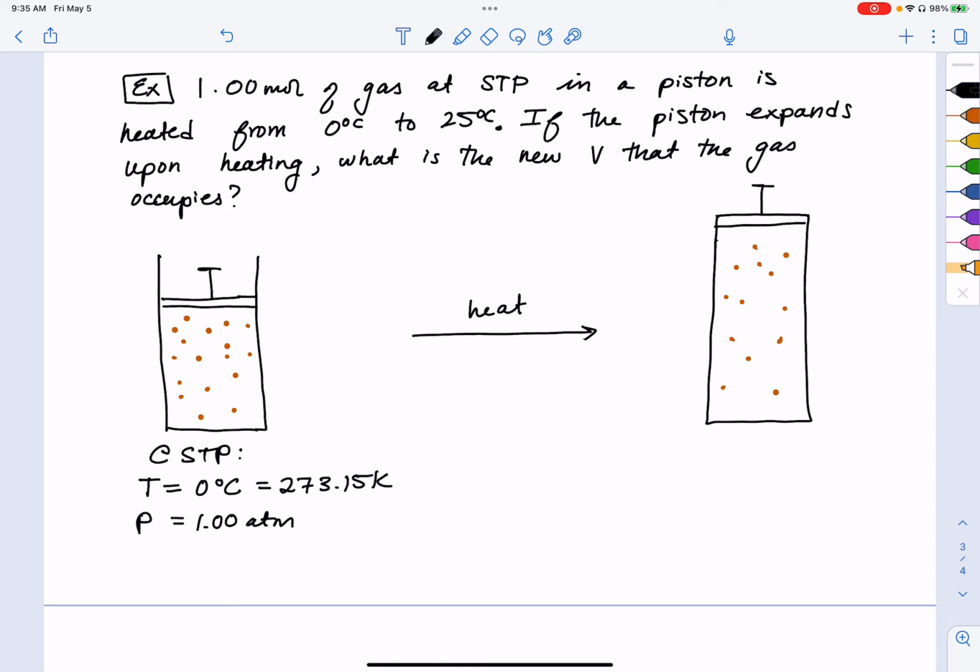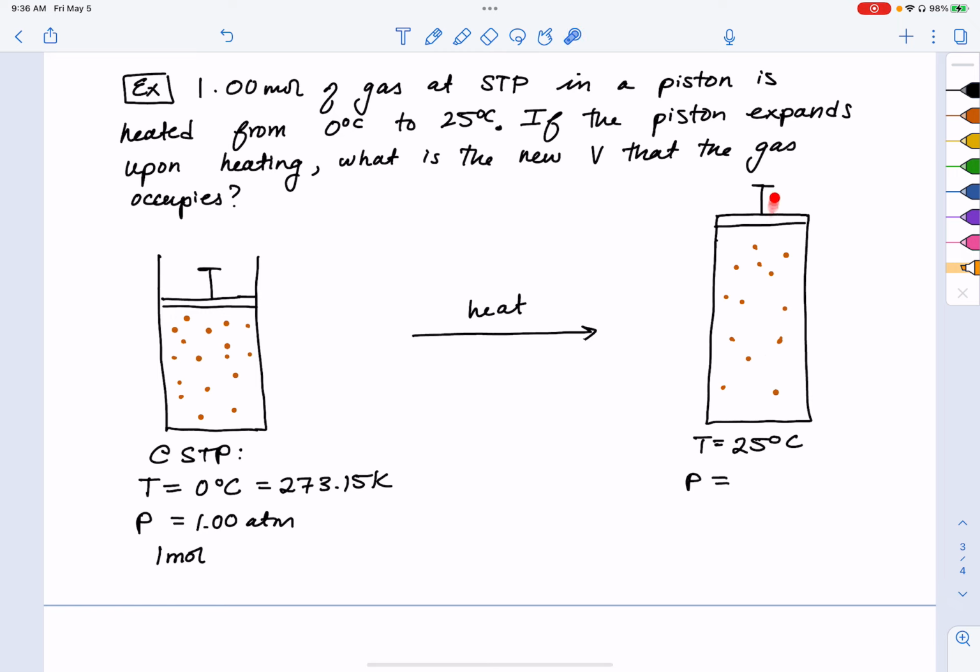All right. So we've got 1 mole of our gas at standard pressure and temperature. And then we are told that our new condition is that our temperature is 25 degrees Celsius. And we need to think about what's going on with pressure.